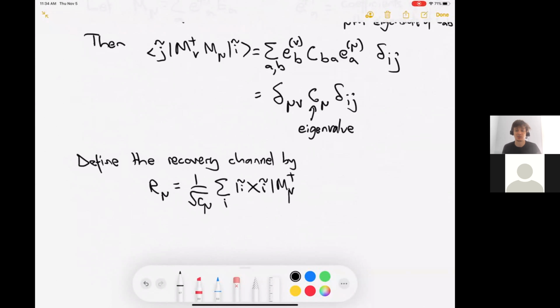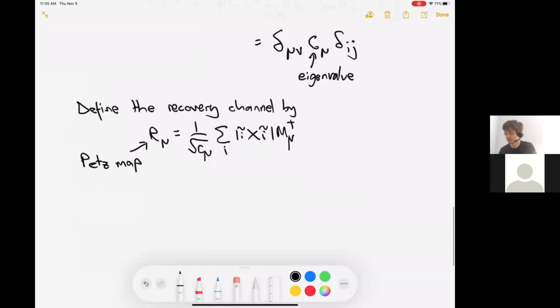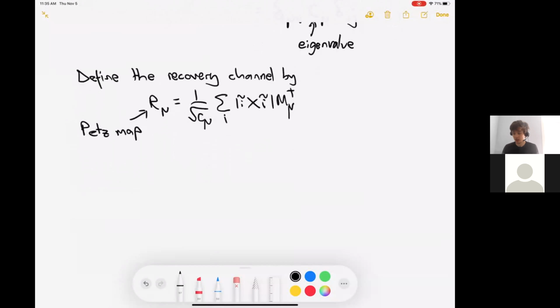Okay, so that's the thing we said before would work for non-degenerate codes, but this is a more general definition that works for any code, and it's often called the so-called Petz recovery channel. Okay, there's other channels that will work as well, but this is a particularly simple one. Okay, so now we're going to suppose we have some error.